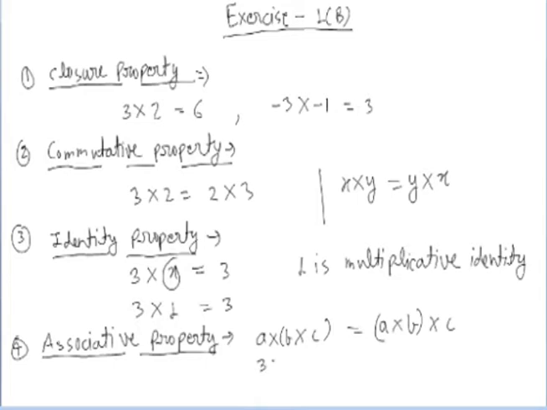Like 3 into 2 into 1 is equal to 3 into 2 into 1. So solve this: 2 ones are 2, 2 threes are 6, and here 6 will also come. Okay, so this is our associative property.